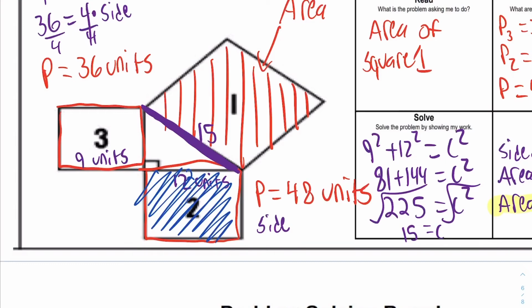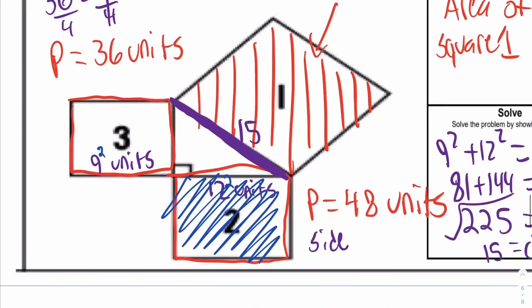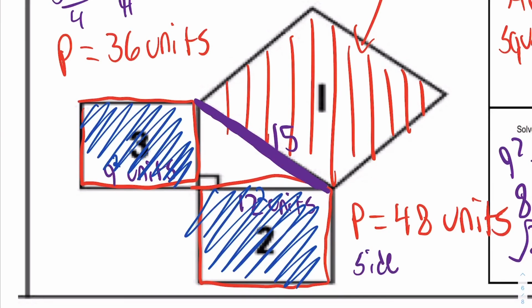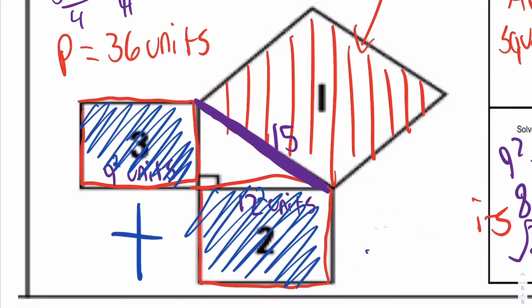And whenever you do 9 squared for square 3, that's also going to give you an area. A way to see the Pythagorean theorem from a different perspective is we are adding together the areas of two smaller squares, and those two areas, when we add them, is going to be equal to square 1.